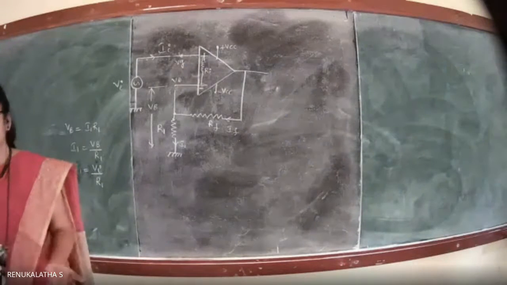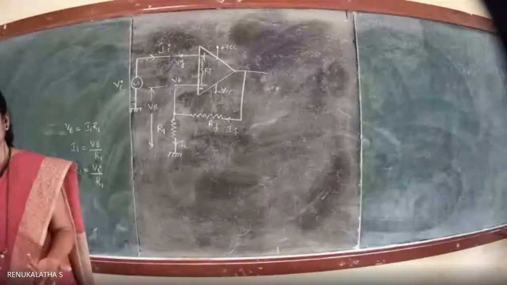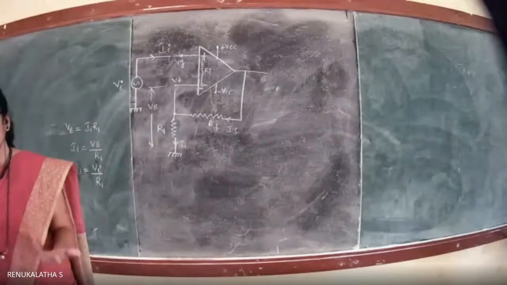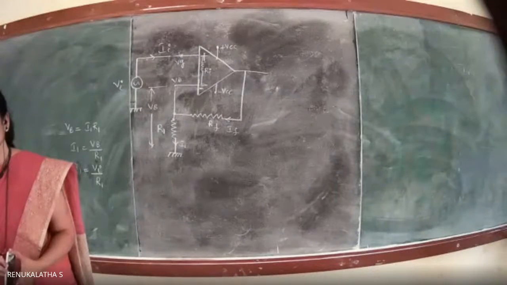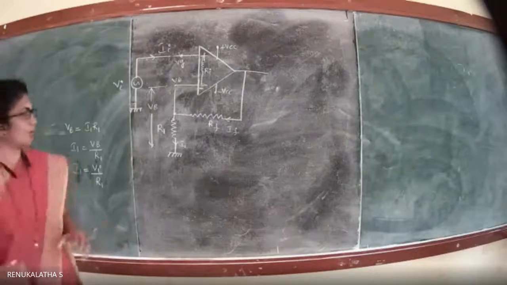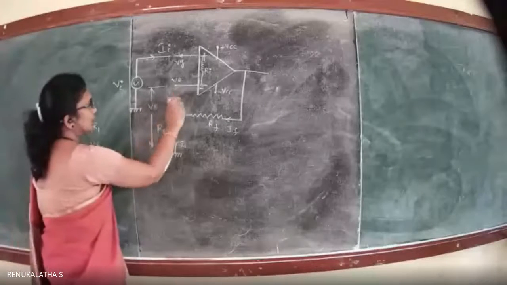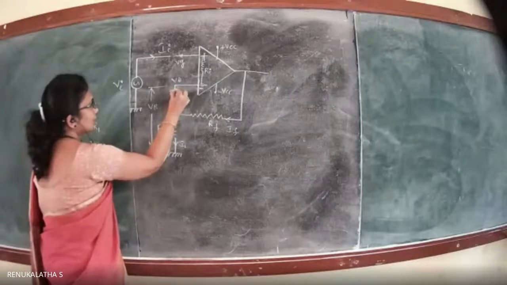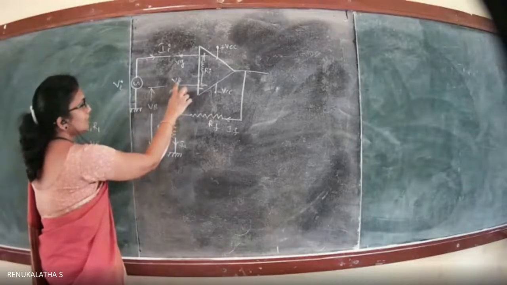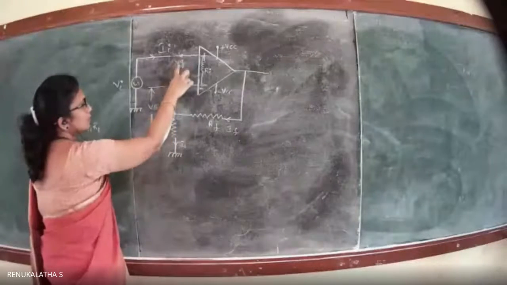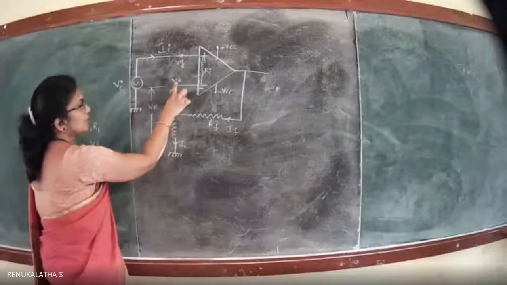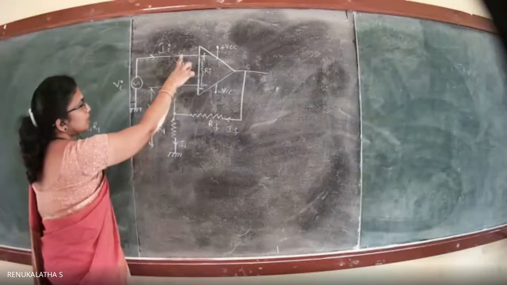In the previous circuit also we made both the voltages the same. Why did we make both voltages the same? Because this point was connected to ground, we made this voltage equal to this voltage, since we did not know the voltage at this point.